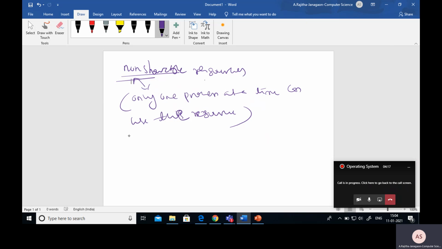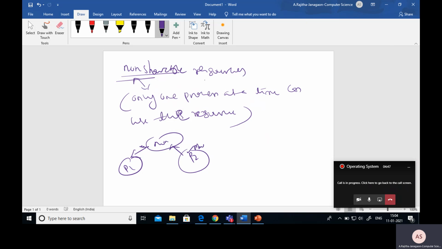Suppose this is a non-shareable resource and process P1 holds it. Whenever process P2 tries to hold this resource, the requesting process must be delayed until the resource has been released.